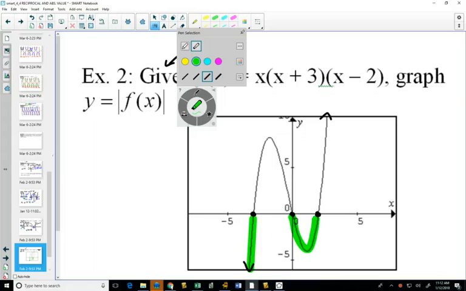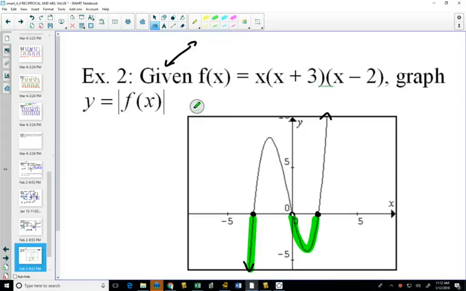So if the absolute value makes those y values positive, that means that this section will get reflected up like this, and this section will get reflected up like this. What's going to happen to the other sections that aren't highlighted? They're staying the same because they're already positive. So the absolute value won't affect them.